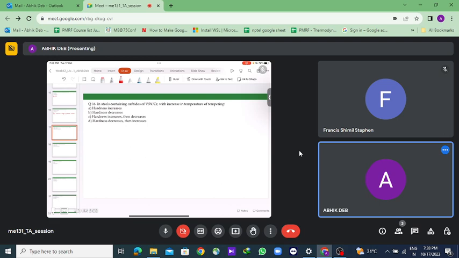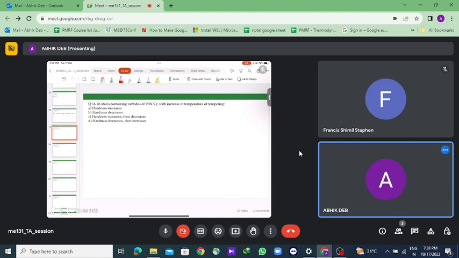But what happens when these steels contain carbides of, say, vanadium, tungsten or chromium? Vanadium, tungsten, chromium, and also molybdenum form carbides at higher temperature. During tempering, carbon is diffusing out, which results in a decrease in hardness and an increase in toughness.